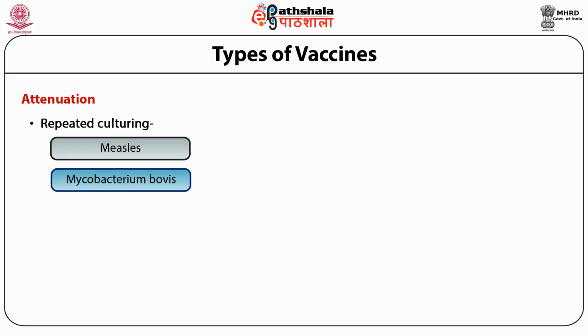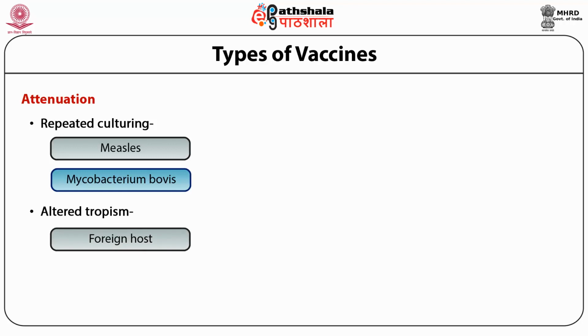Another method of attenuation is altered tropism, that is, growing the microbe in foreign hosts such as laboratory animals or different sites of infection. All these methods lead to loss of genes responsible for infection, reducing their antigenicity.